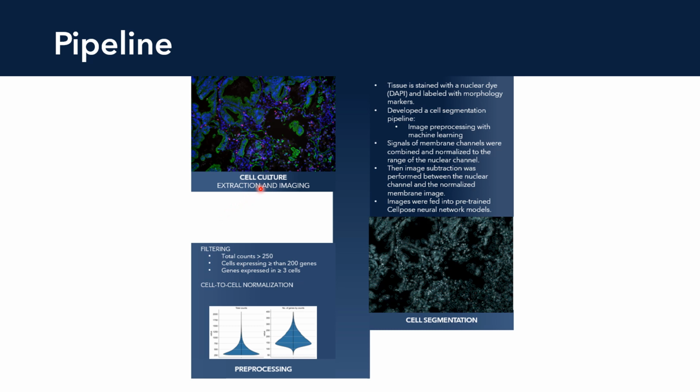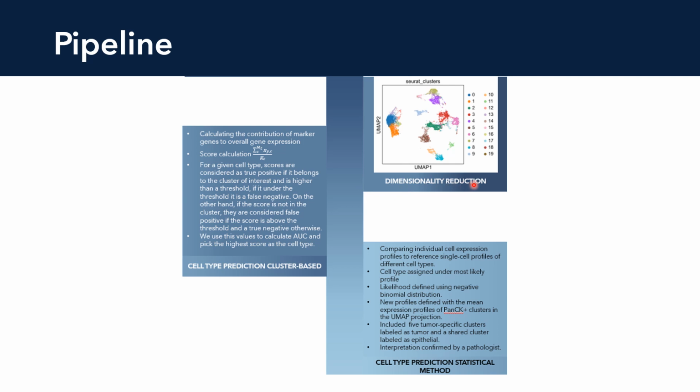The first step is to extract the tissue and then do the imaging. Then we do the cell segmentation, where we assign the transcripts to the different cells. Then we do the processing to identify the low-quality cells and remove them from our data set, keeping just the high-quality cells. Then the dimensionality reduction, where we actually do the clustering.